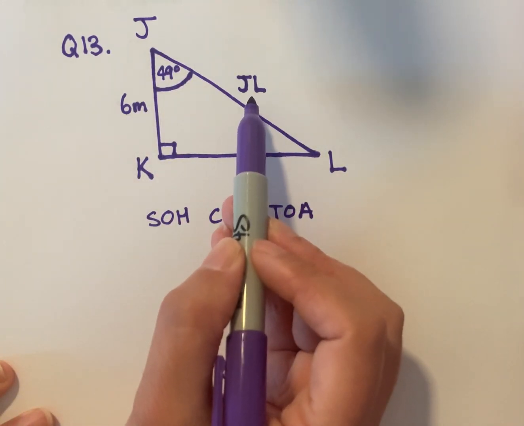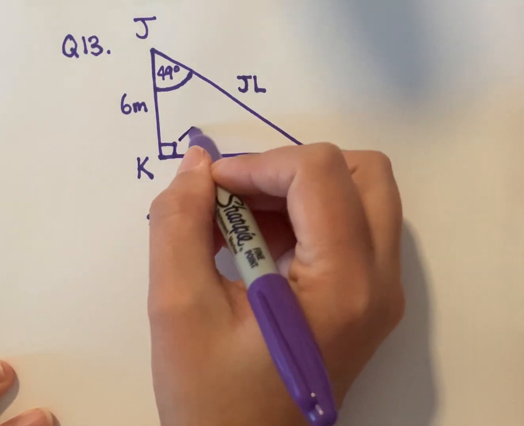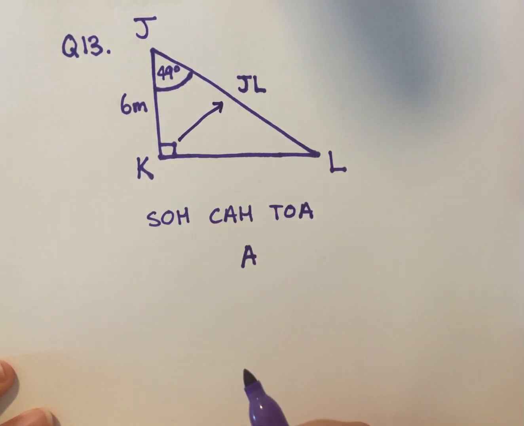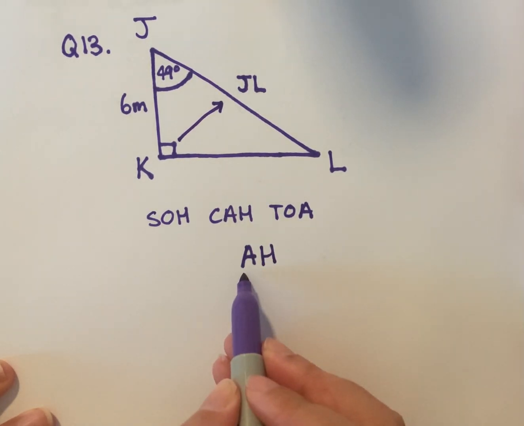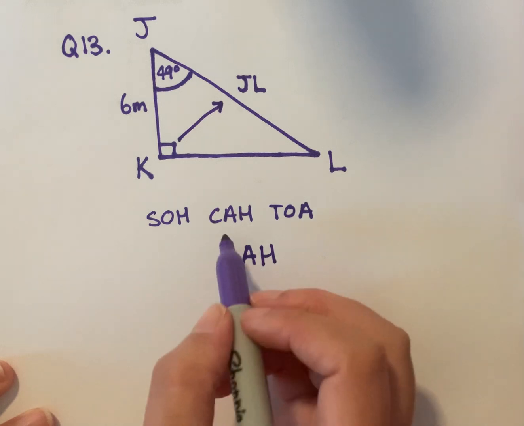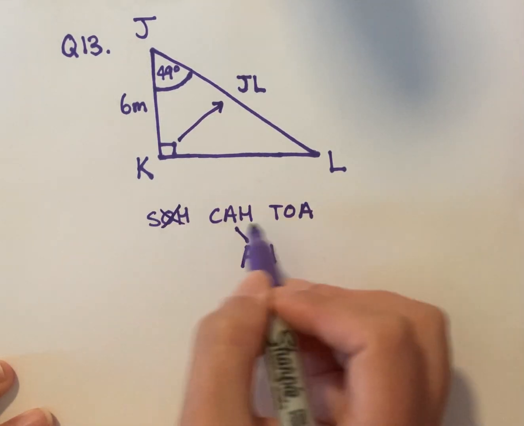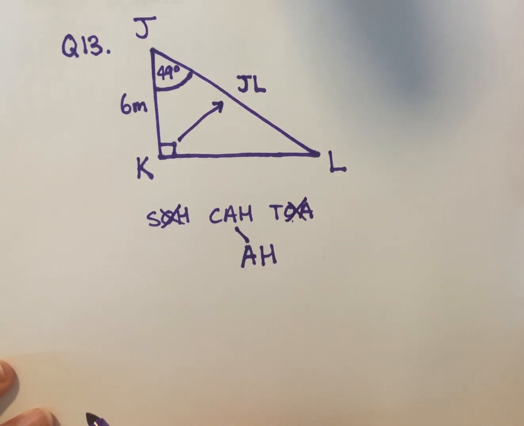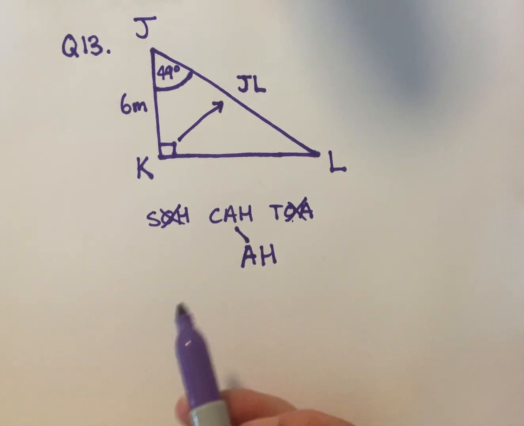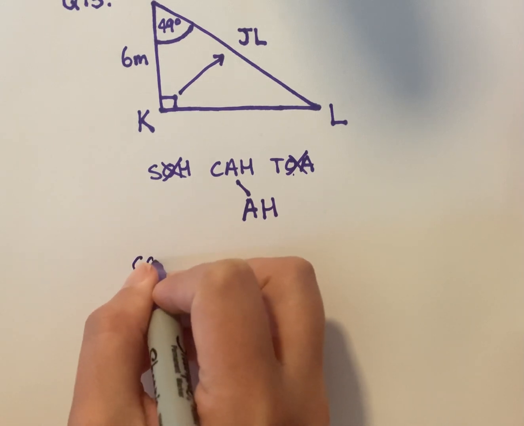This side is the hypotenuse because it's directly opposite the right angle and it's the longest side. So if we're working with the adjacent side and the hypotenuse, we have to use the cosine ratio. We're not using the other two because they require information about the opposite side, which we don't have and we're not interested in.